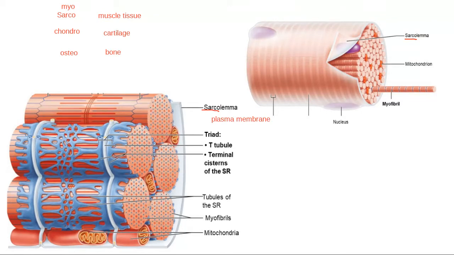We also have, abbreviated right here, SR. We type it out for us: Sarcoplasmic Reticulum. That's going to be, in a normal cell, what we call the endoplasmic reticulum. So we abbreviate that ER, right? The smooth ER and the rough ER. When we're in a muscle cell, since sarco is muscle, we call that the sarcoplasmic reticulum.